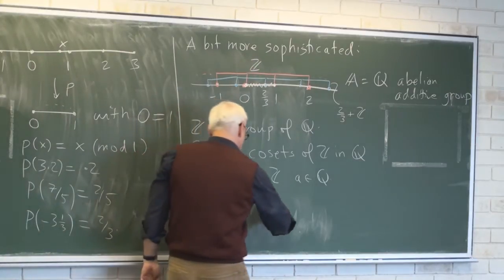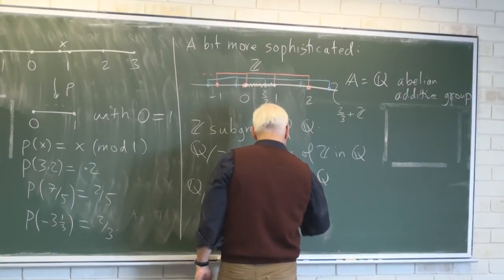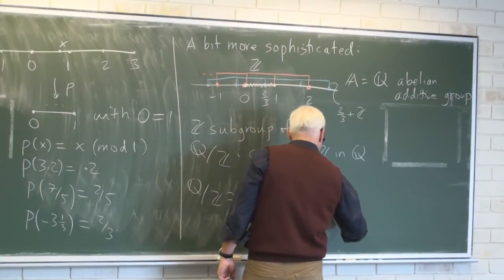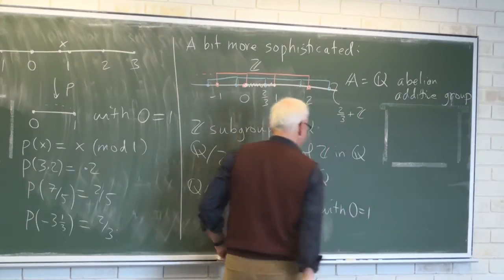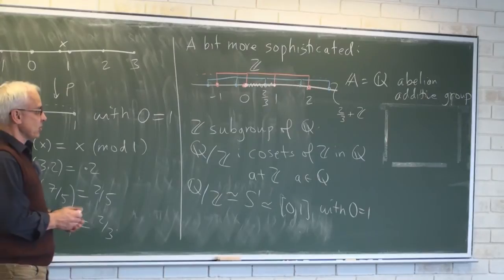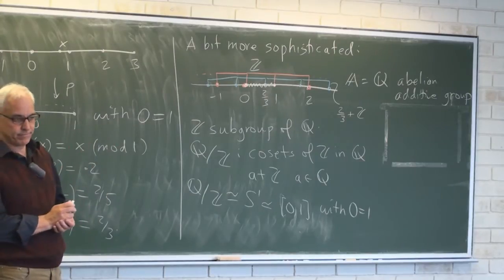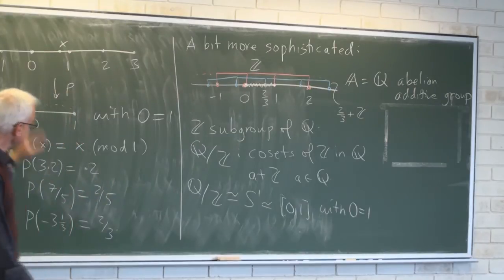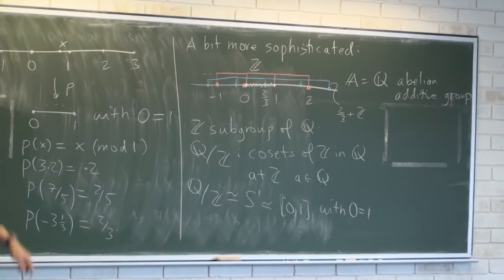So if we think of S1 as being 0, 1, with this identification 0 equals 1, then this is naturally associated to the cosets of Z in Q. Now with that set up, we can describe this covering map in a nice algebraic way.